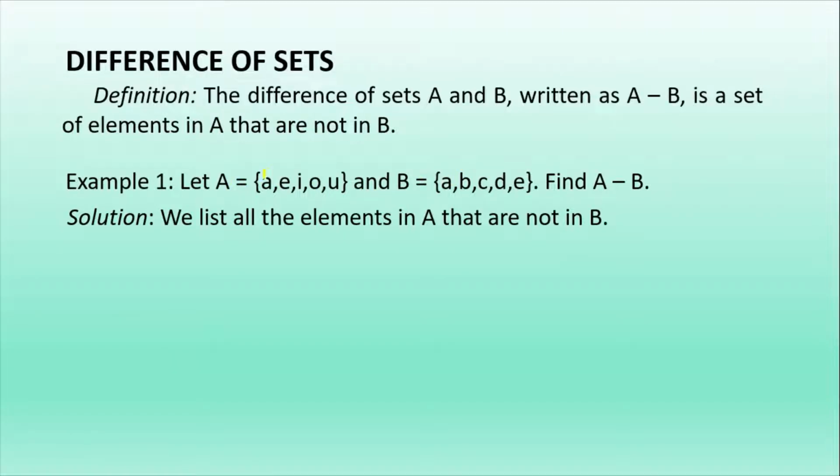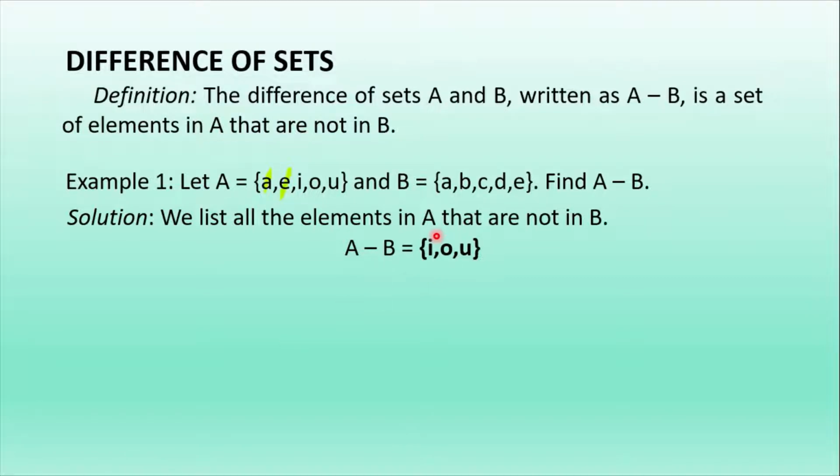We have A, so we erase the A. And in B, we have also E, so we erase E. Is there anything else common to them? Since there is none, what is left in A is our answer. We have I, O, U. So the answer is I, O, U.